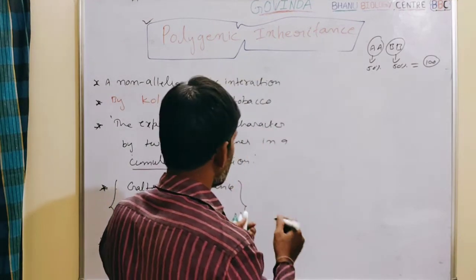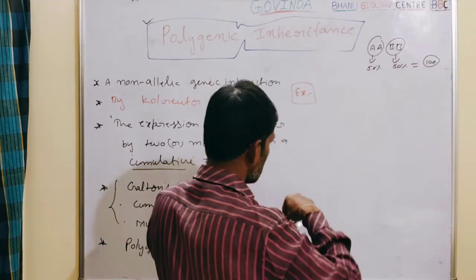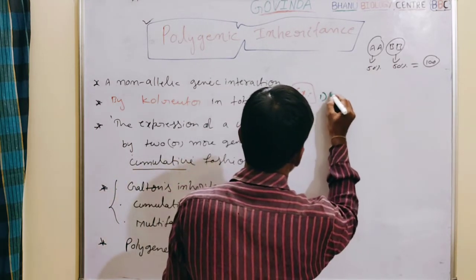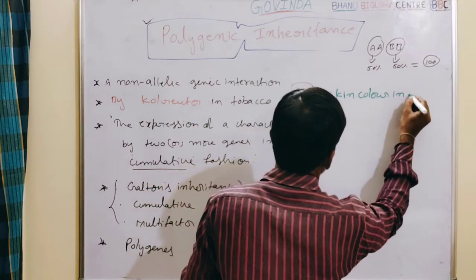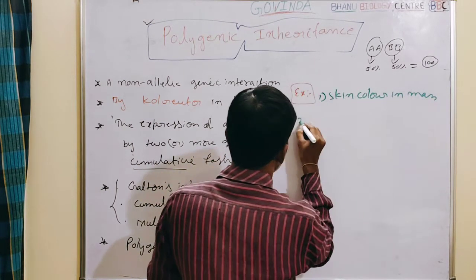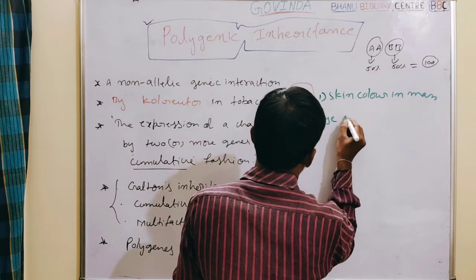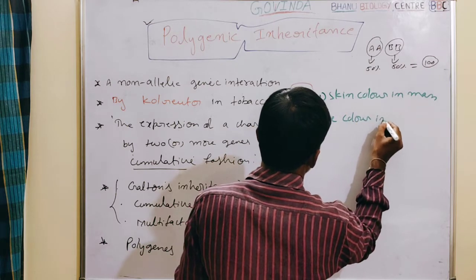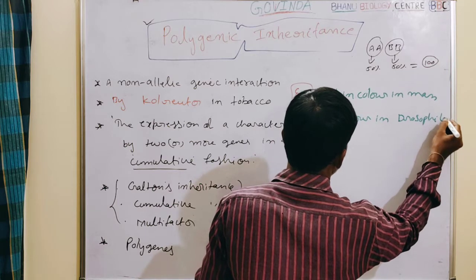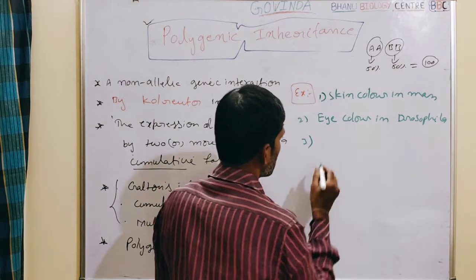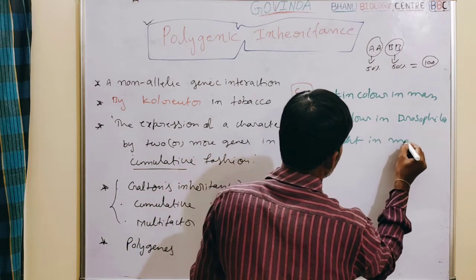Here I give you some examples for polygenic inheritance. One is skin color in man. The another example is eye color in Drosophila. The another one is height in man.